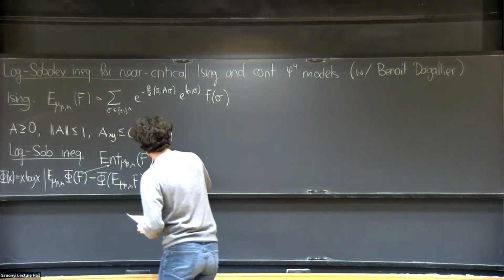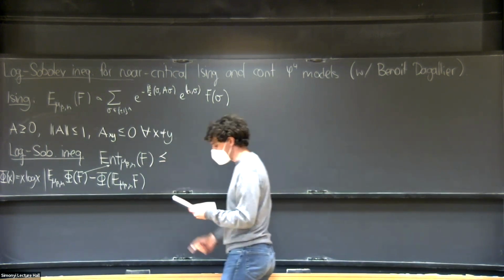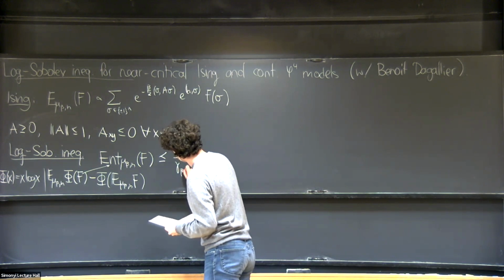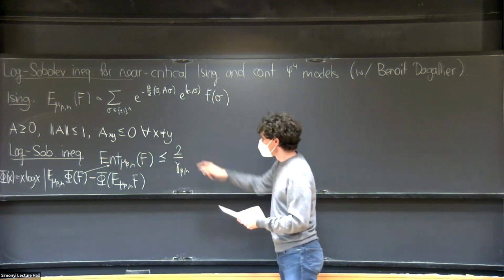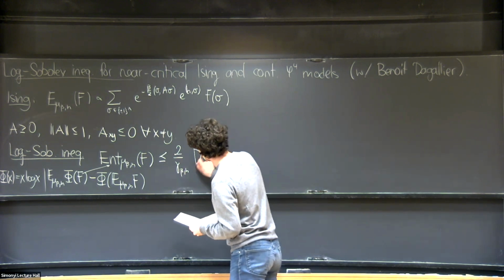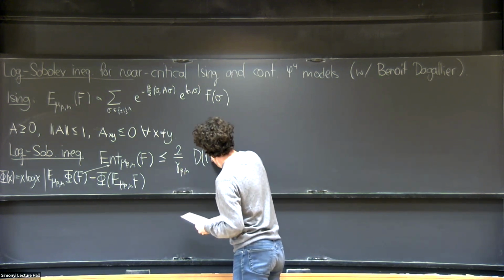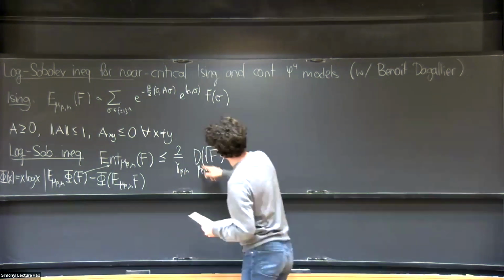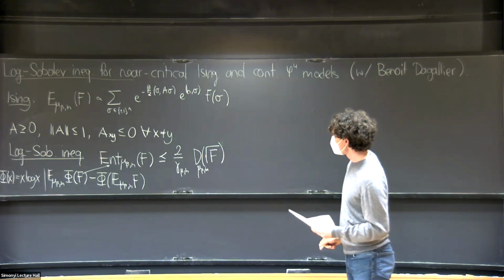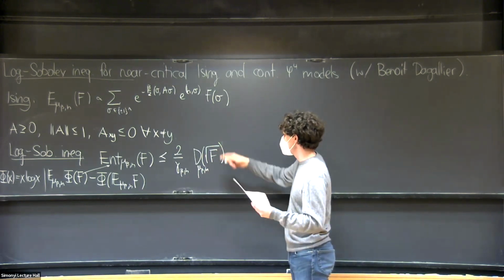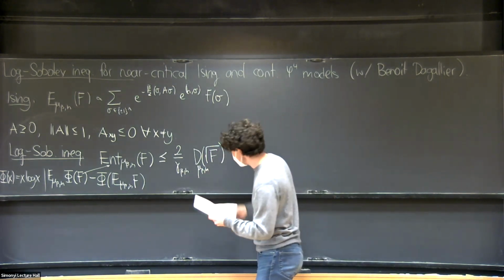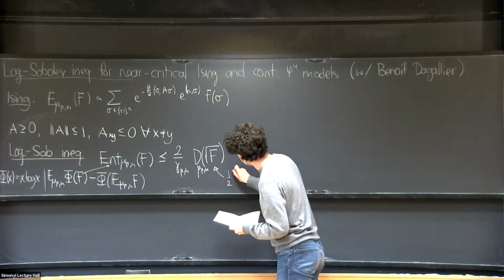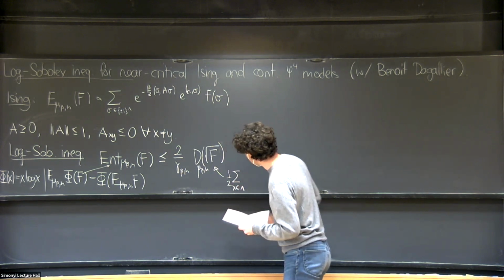So that's the relative entropy. And the Log-Sobolev inequality bounds the relative entropy of F in terms of 2 over the Log-Sobolev constant gamma times the Dirichlet form of the square root of F. This is sometimes called the Fisher information, or it goes under other names, which I can't remember. But anyway, it's defined like this.